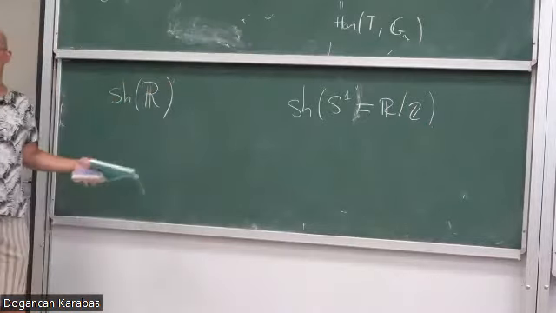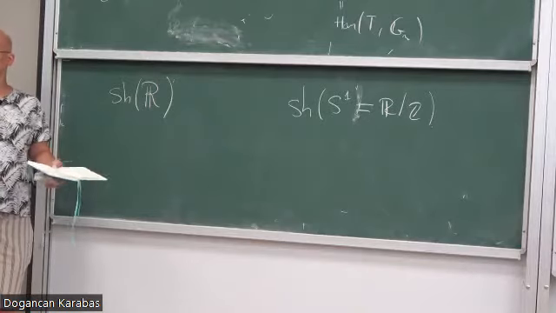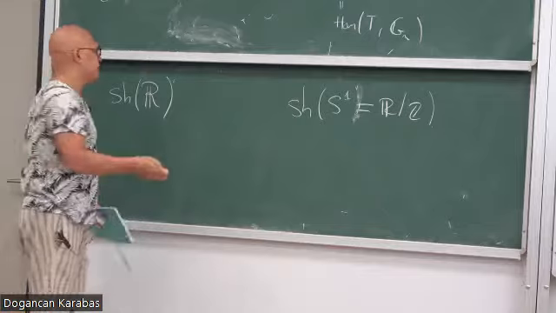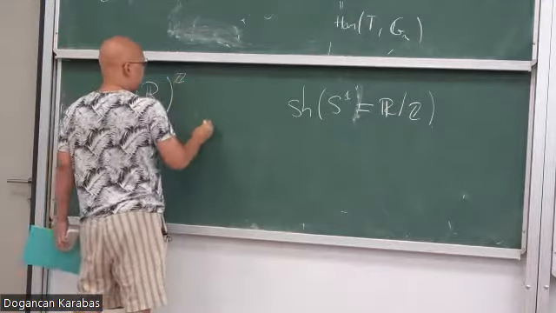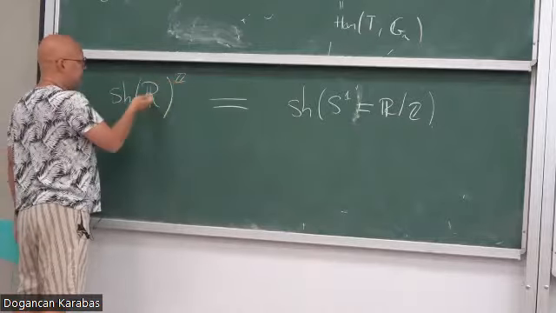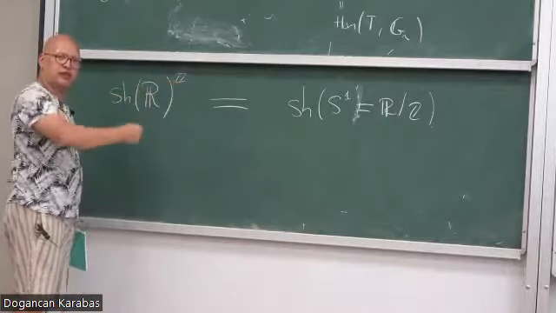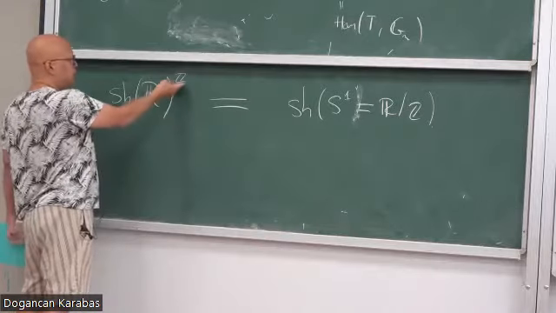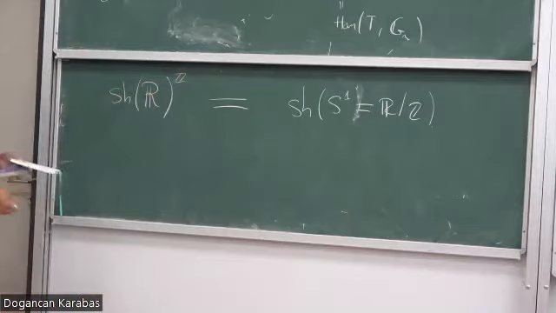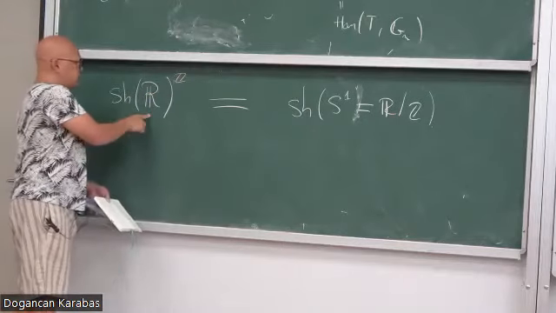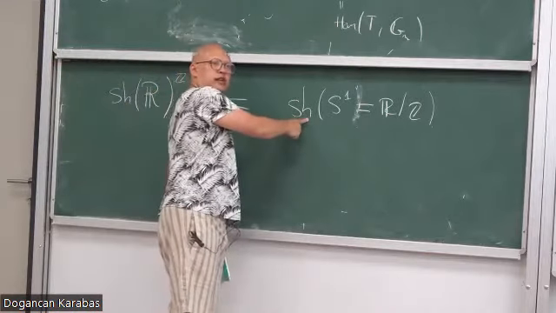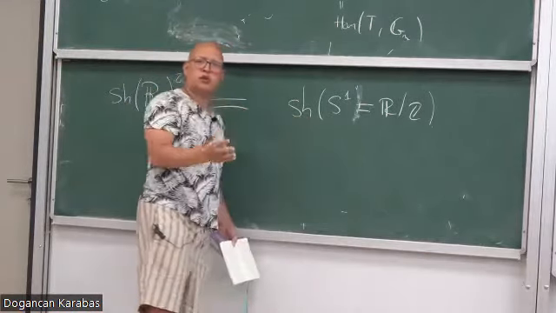When does a function on R descend to a function on S1? Well, if it's periodic, in other words, if it's invariant under translation. So there's a translation action on this, you just pull them along with translation. And there should be some notion of taking invariance so that this is true. In other words, if I know the sheaves on R together with the translation action, I can recover the sheaves on S1. But what about going the other direction?